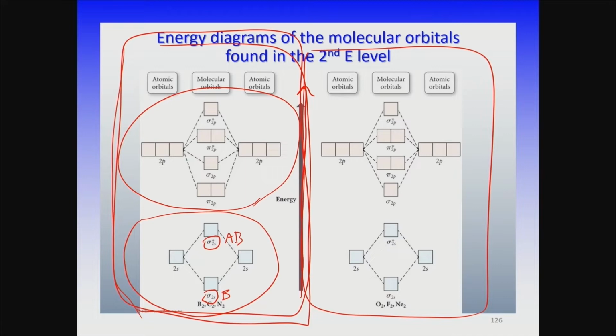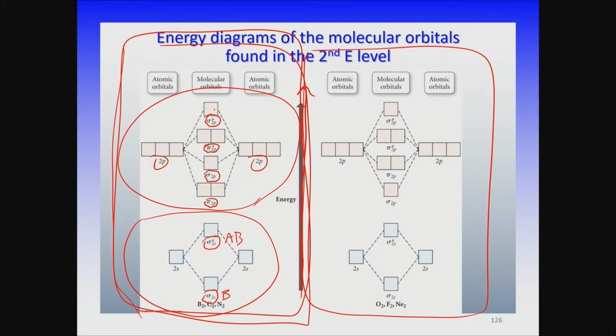Now, above that and higher in energy is a description of how you can take 3 p orbitals on each atom, for a total of 6 p orbitals, and then mix them together to form 6 molecular orbitals. Here there will be a pair of molecular orbitals relatively low in energy called the pi 2p, and then we have another one that's higher in energy, sigma 2p, and then we have the antibonding pi star 2p and the sigma star antibonding 2p orbital.